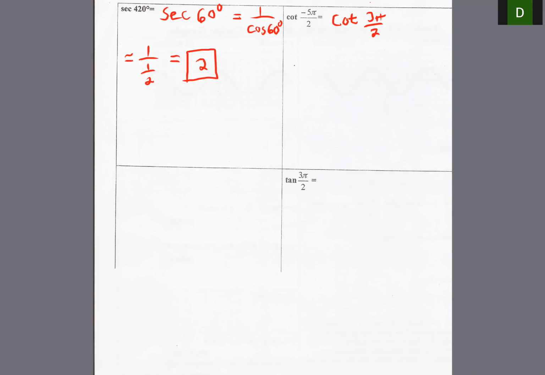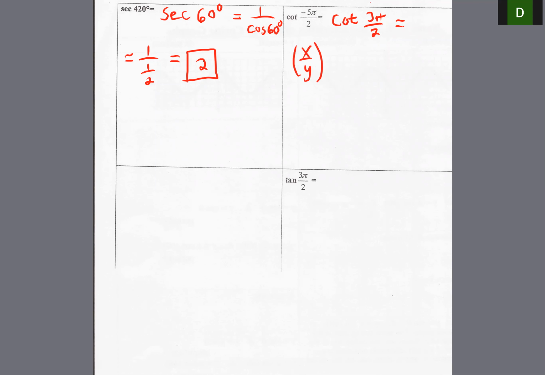So we said tangent is y over x. So that means cotangent is x over y. So you locate 3 pi over 2 on your unit circle. And then you do the x coordinate divided by the y coordinate. That's the reciprocal of tangent.